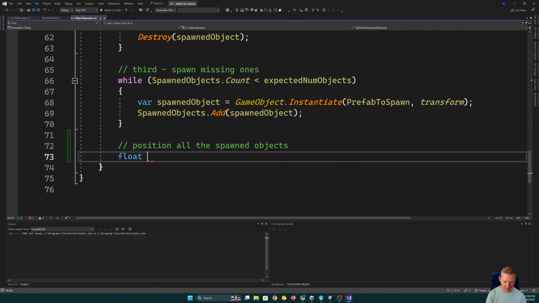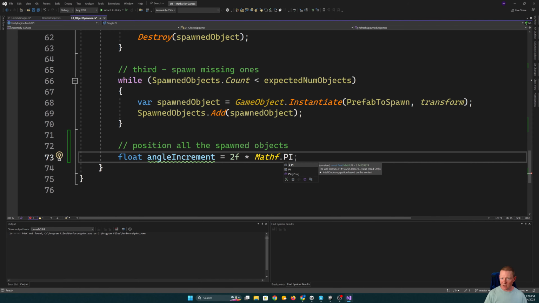So, okay, I need to know what the angle between all of these is, because I know I've got 360 degrees and I know the number that I want to spawn. So the angle increment, the angle between the different ones, is going to be the full size of the circle, the full angle.